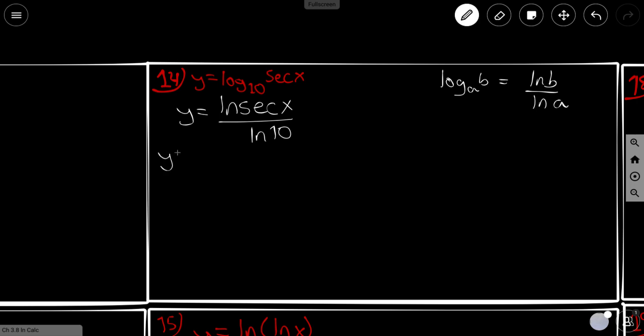I'm just going to use the same strategy I did the last problem, bring out this ln 10 outside. Then let's go ahead and differentiate.